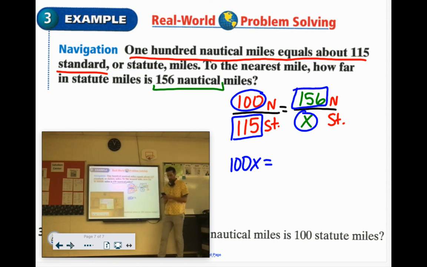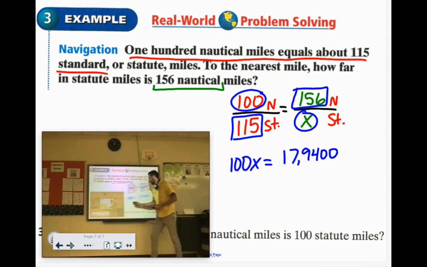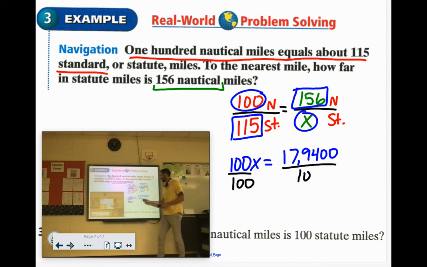I don't know what that is. 17,940. So we solve it by dividing by 100, which means we're moving the decimal 2 places to the left, knocking off a couple zeros. Did I multiply that right?